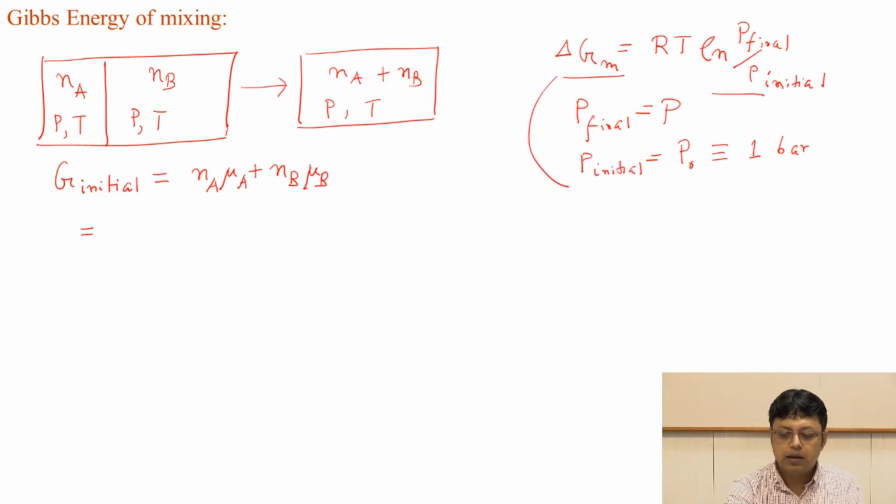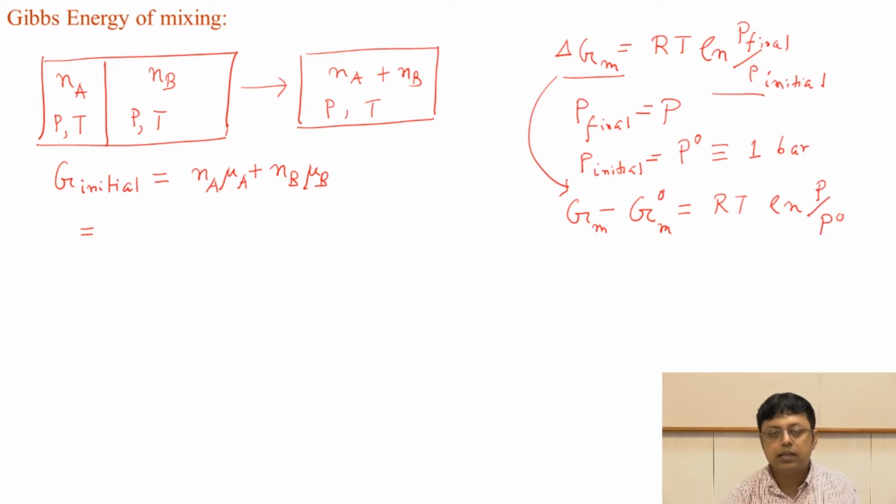So this delta Gm is G final minus G initial, that we write as G minus G0, where G initial corresponds to the standard condition where the pressure was 1 bar. Let us write this 0 as a superscript. So we get G minus G0, and remember this is a molar quantity, so Gm minus Gm0 is nothing but RT ln(P/P0).